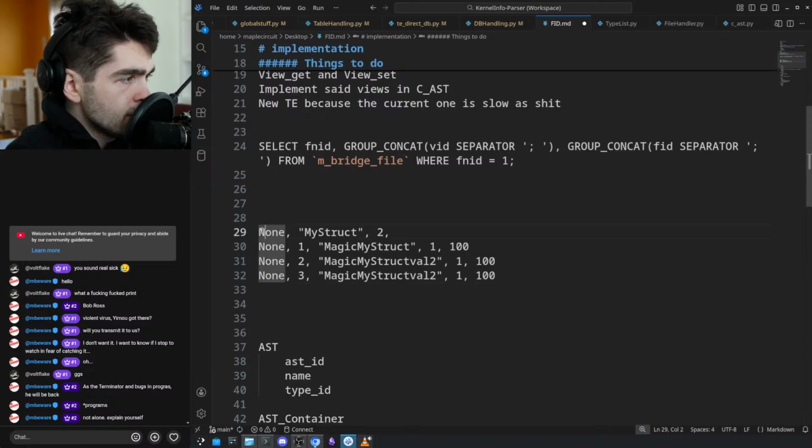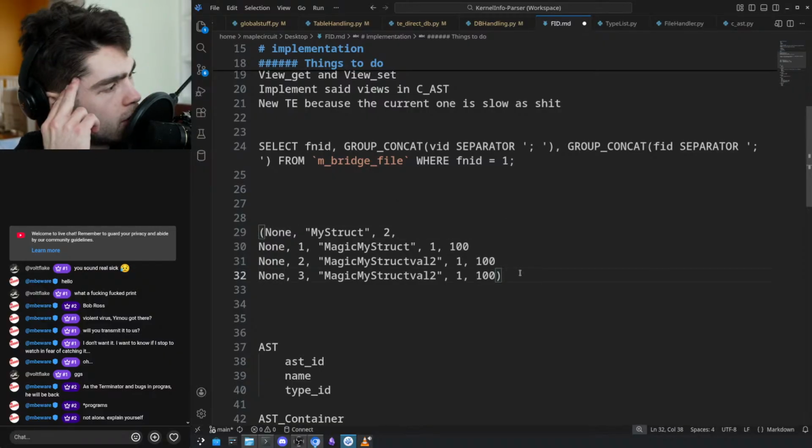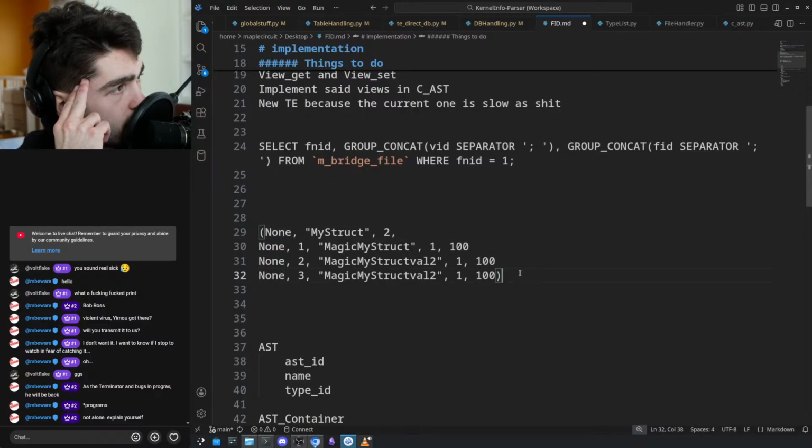So instead of a big tuple like this, well, no, maybe I'm not.